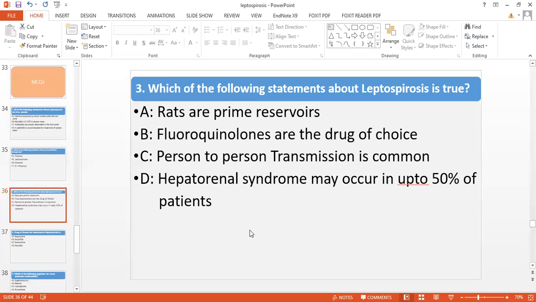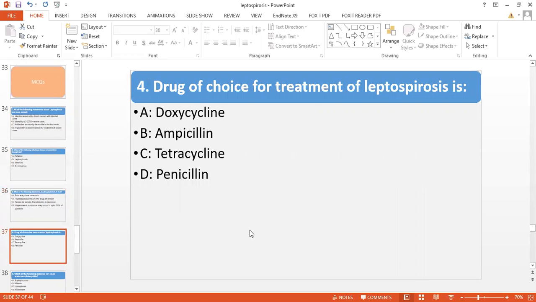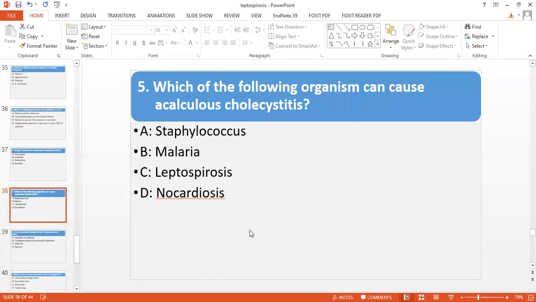The drug of choice is D, penicillin. Which of the following organisms can cause acalculous cholecystitis? C.